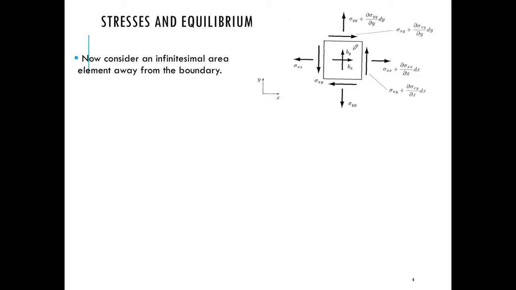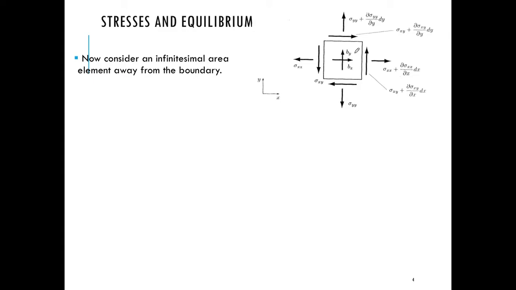So in this case, if I'm looking at an infinitesimal area element, I of course have my stresses, but these stresses may be changing over the domain, hence why I have del sigma by del x and del sigma by del y terms in there, right? Secondly, also note that I'm assuming that I may have body terms, that is body forces.